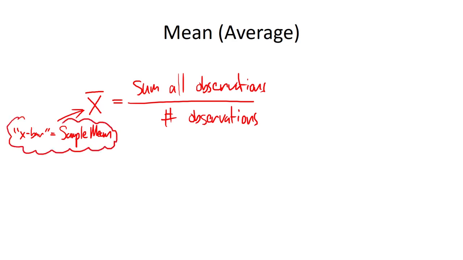Anytime you read a textbook or a research paper involving statistics, if they write X bar, they always mean sample mean. Always. That's one of those symbols that's just set aside in statistics, and it never means anything else. There's not a lot of those, but that's one of them.